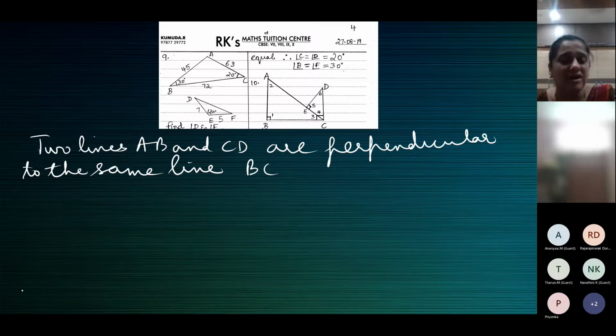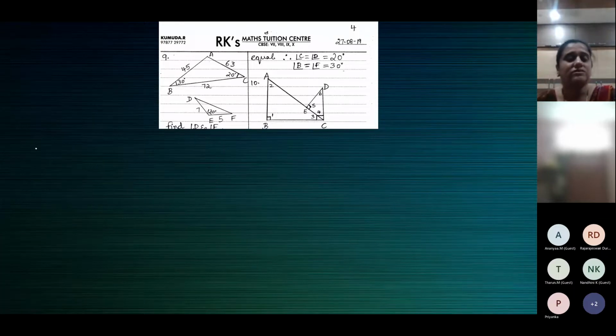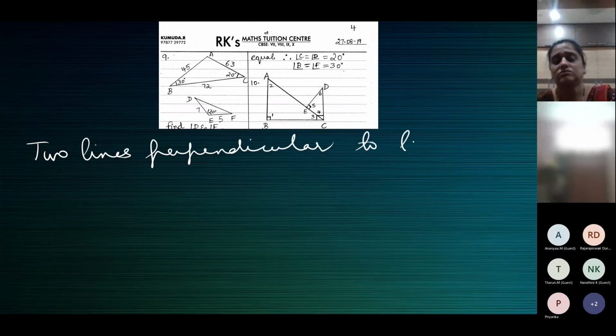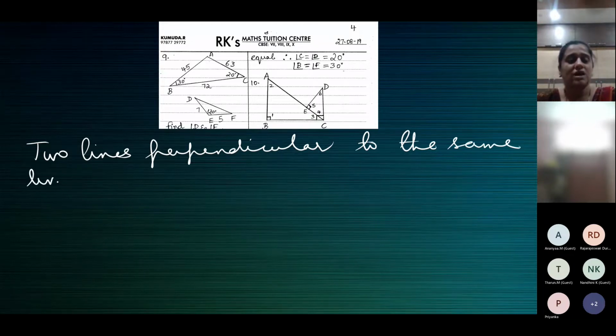Okay, so I'll write in general first, sorry. Two lines perpendicular to the same line are parallel to one another.